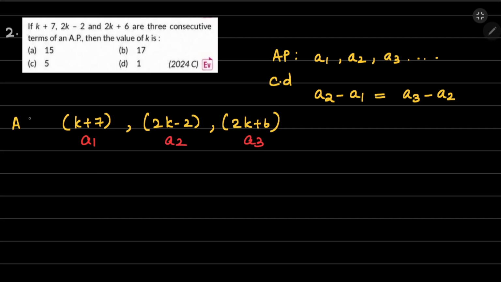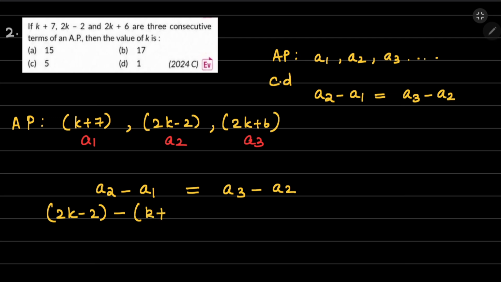If these three terms are part of an arithmetic progression, then A2 minus A1, that is the second term minus the first term, should be equal to the third term minus the second term. So 2K minus 2 minus K plus 7 is equal to 2K plus 6 minus 2K minus 2.